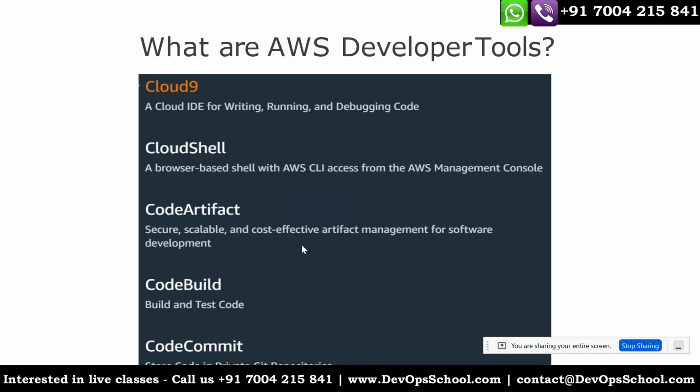So CodeCommit is something like GitHub. CodeBuild is something like Maven. Cloud9 is something like Eclipse. CloudShell you can say is like Bash, Git Bash, or something like that. CodeArtifact is something like Artifactory or Nexus.